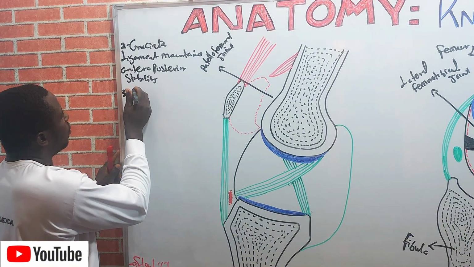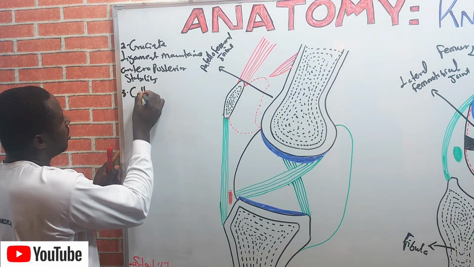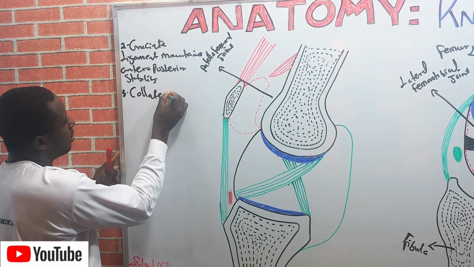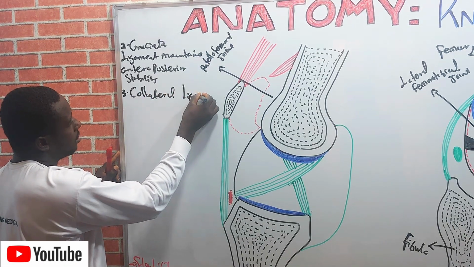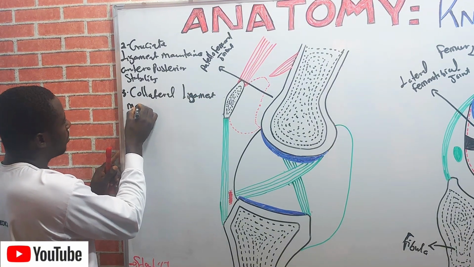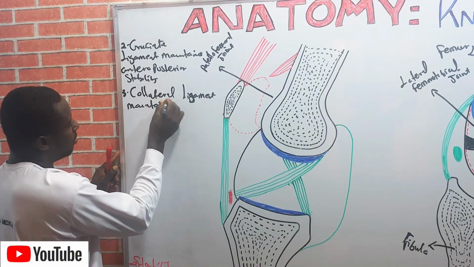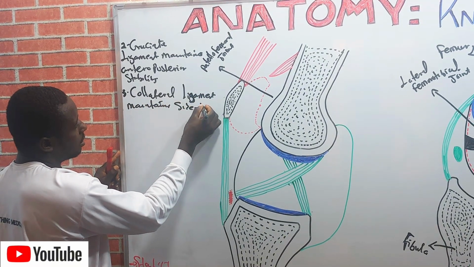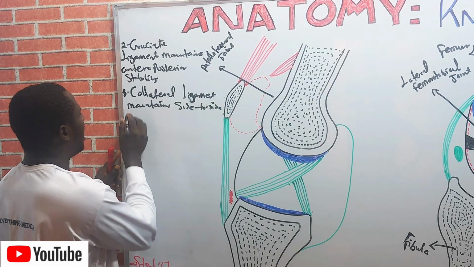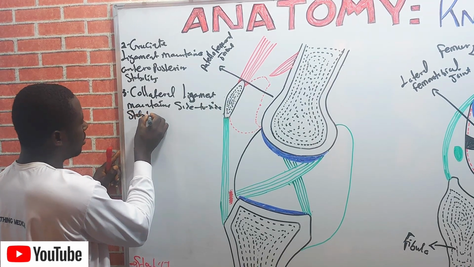So the collateral ligament maintains side to side stability.